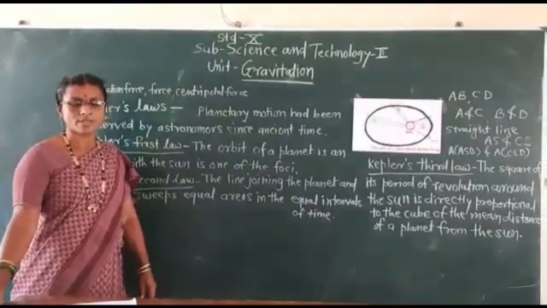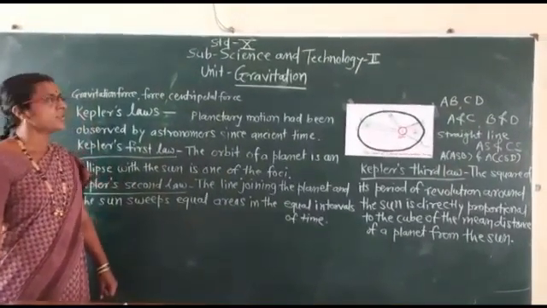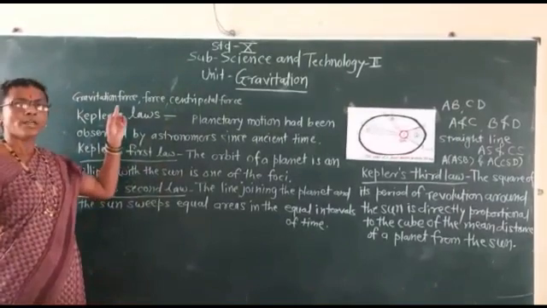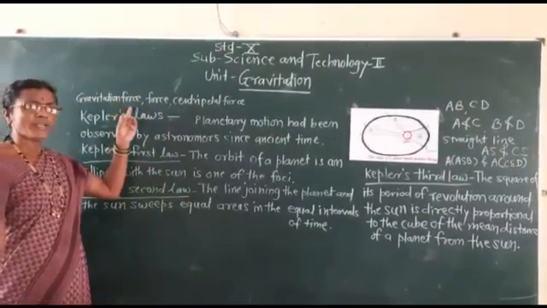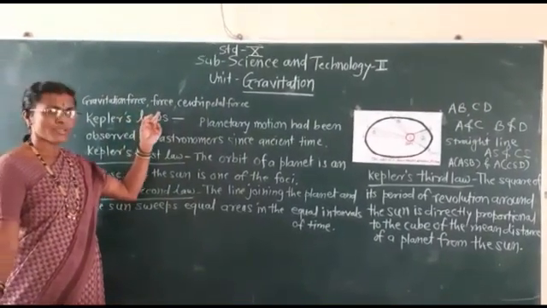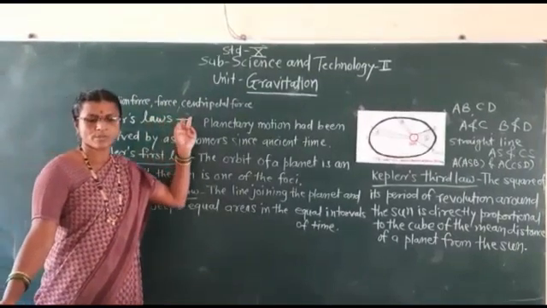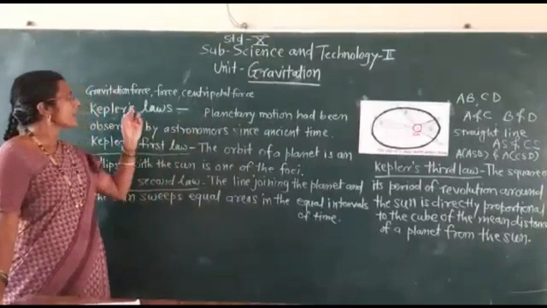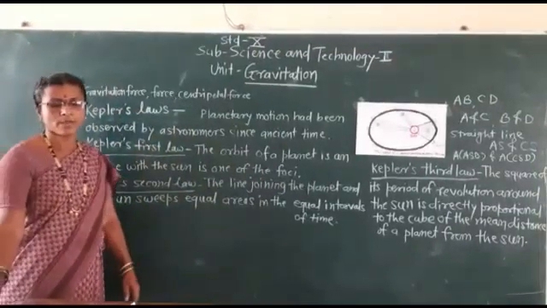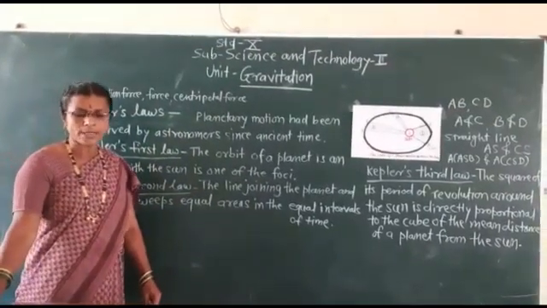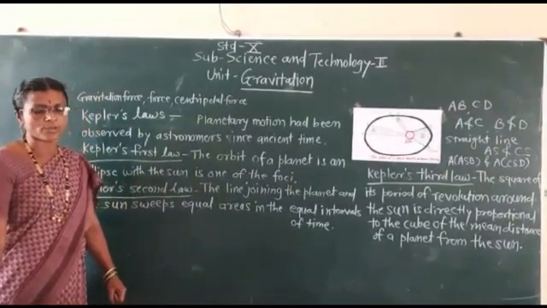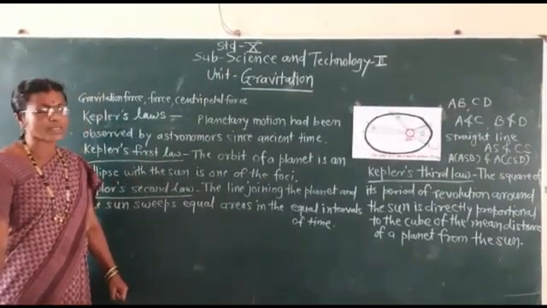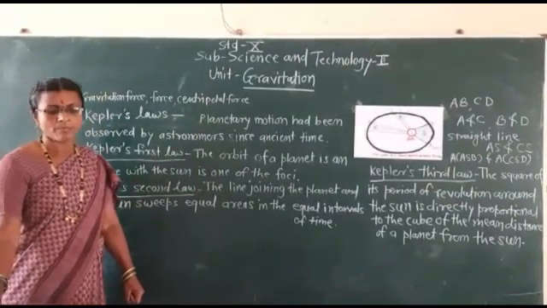It is the first unit, and in this unit we already studied gravitational force, then centripetal force. The centripetal force means the force acting on any object moving along a circle, directed towards the center of the circle.